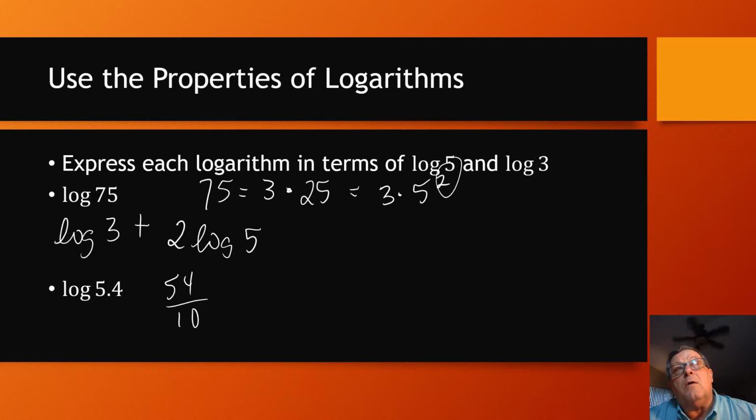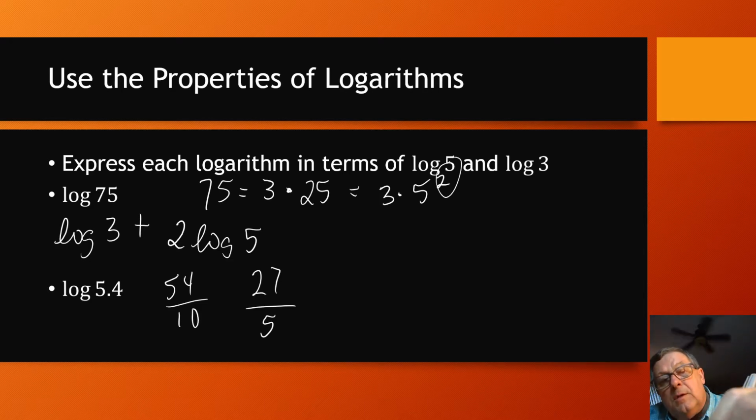Now, I could reduce that by 2. Both of those are divisible by 2. 54 is divisible by 2, and I would get then 27 over 5. Let's see, 27. I'm thinking in terms of something 3. Well, 3 cubed is 27, so I could then say this is 3 cubed over 5.